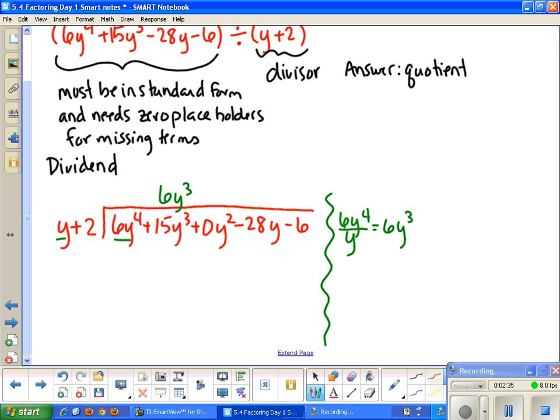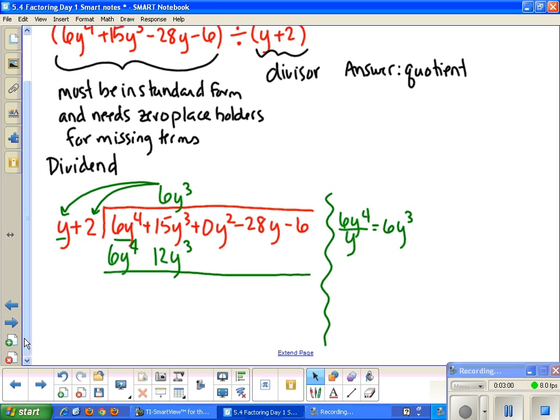Now when you're done with that, you take this term and you multiply it by y and then line it up. So 6y cubed times y is 6y to the fourth, and it's the same, notice, because we did that on purpose. And then 6y cubed times 2 would give me 12y cubed, so that goes right here. And again, notice that we lined up the terms with their place that they belong in. When you are doing long division like this, you subtract then the terms, so don't forget the minus signs there.